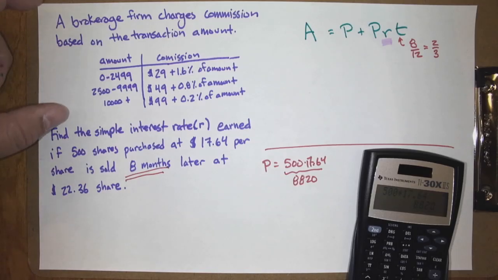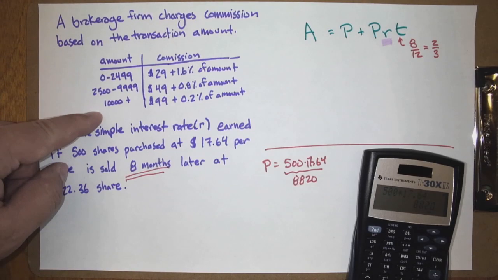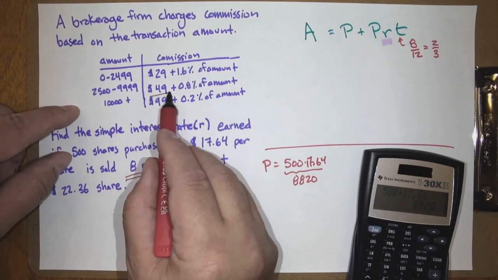The fees. Because that is something we have to pay. That's part of our investment. All right, so which range are we in? Low, medium, high? Medium. So we're in the medium range.